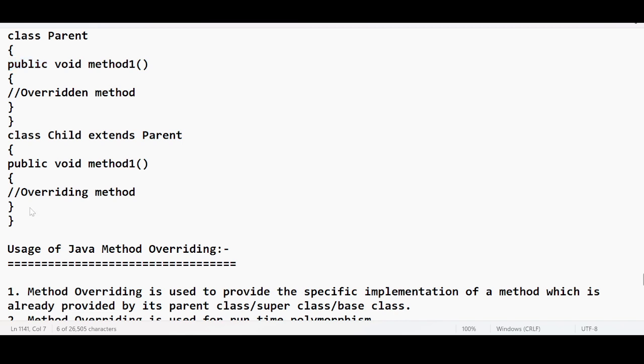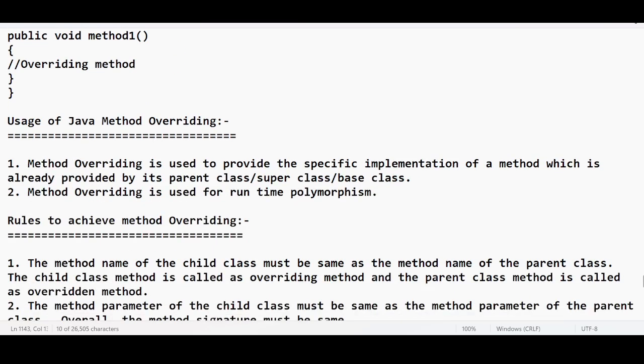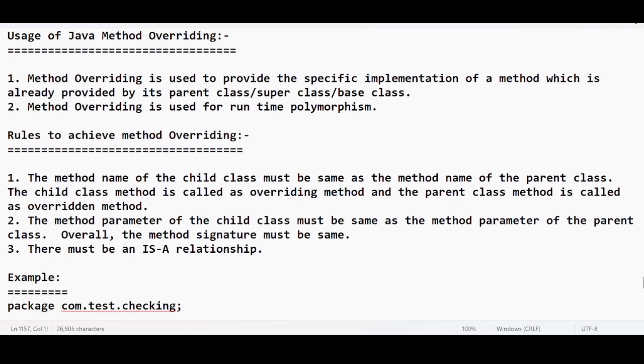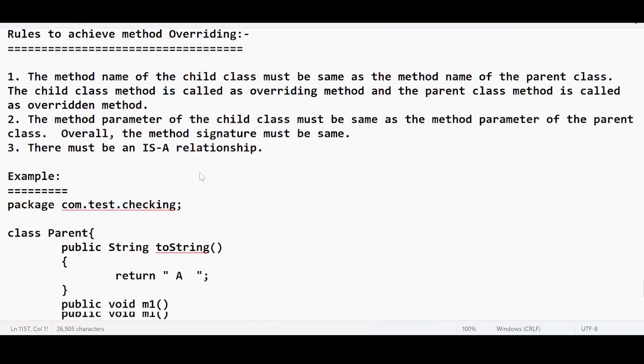Then the child class method is called the overriding method, and the parent class method is called the overridden method. We have seen some examples of the exact usage, and we have also discussed some rules on top of it.